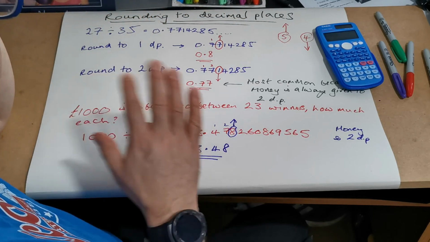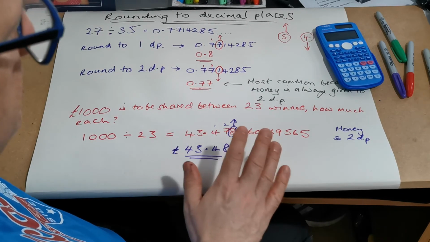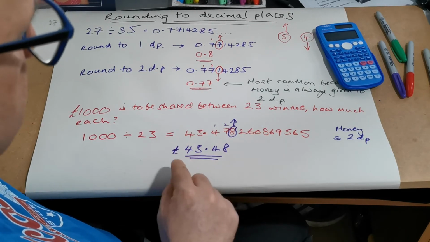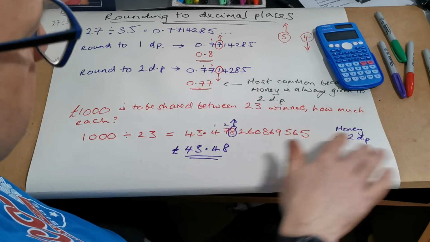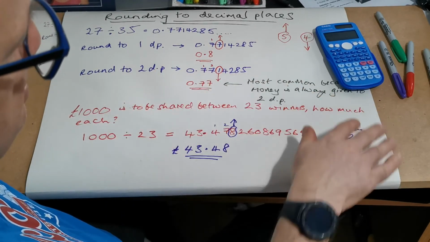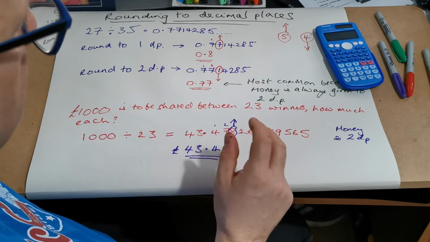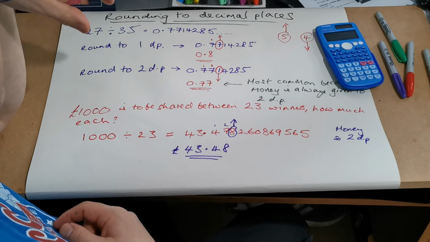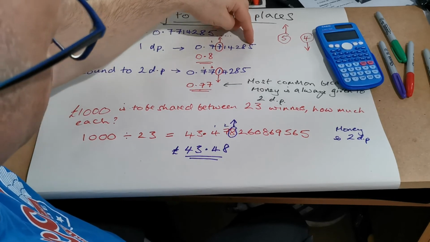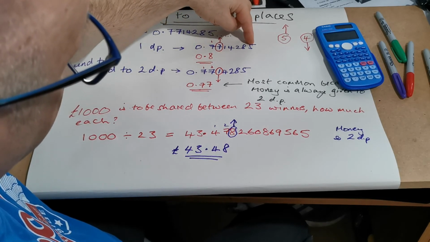And my final point was the idea that money is always 2 decimal places. So that's where rounding to a number of decimal places is most used. And remember, the reason that it's used anyway is because, for example, this was 5 ten-millionths.